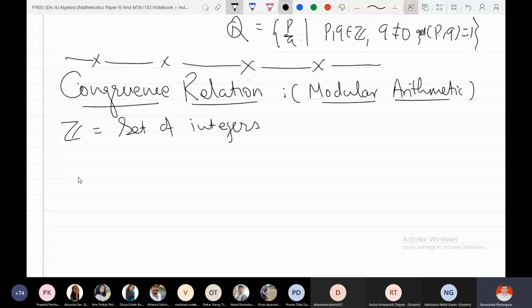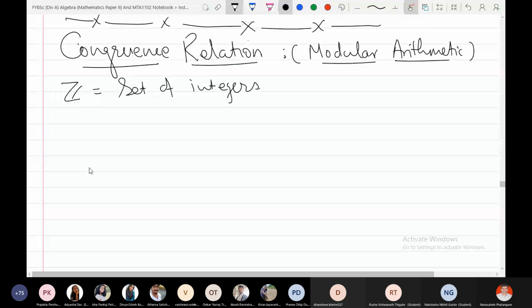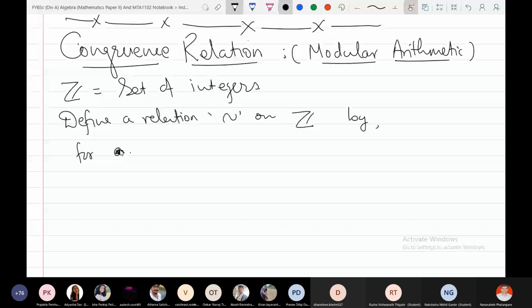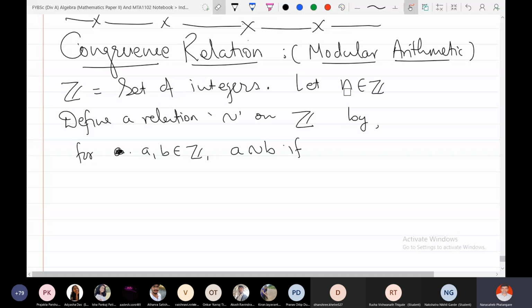So define a relation on the set of integers by, for a, b in Z, a is related to b if, let n belong to Z. Let me make n special initially, and then we'll generalize this.